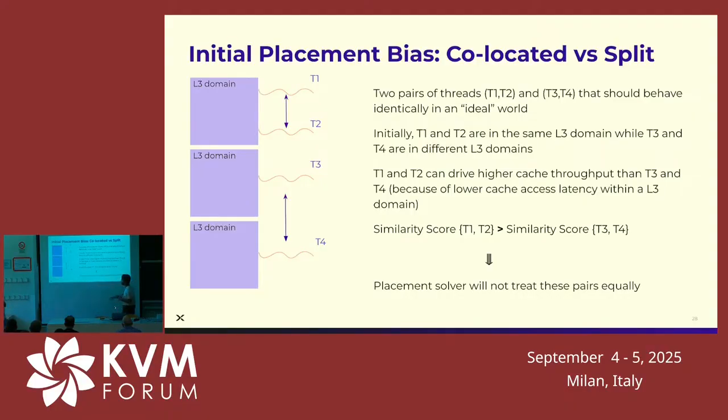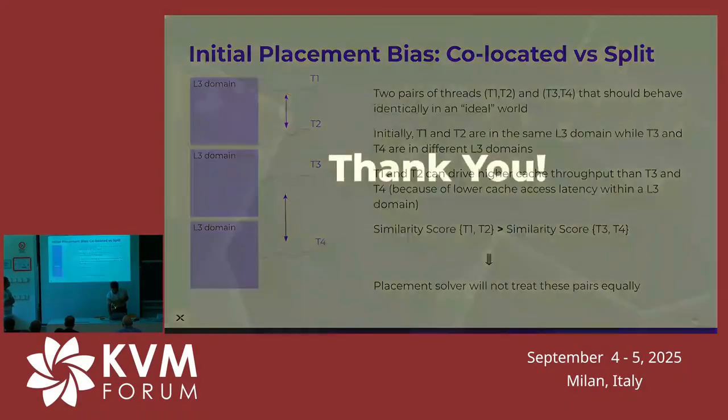And so the similarity score for T1 and T2 can be greater than the similarity score of T3 and T4, right? And our placement solver will not treat these pairs equally, even though they are supposed to behave identically in an ideal world. So that's one of the issues that we have figured out.